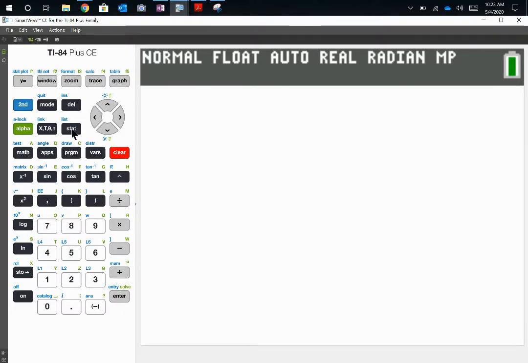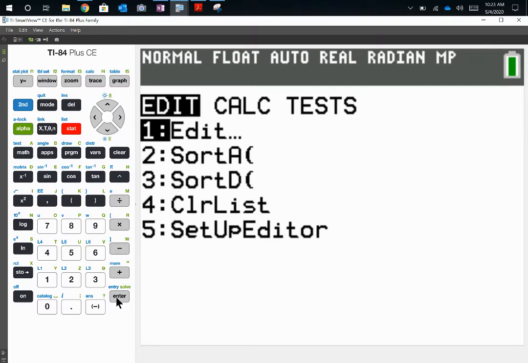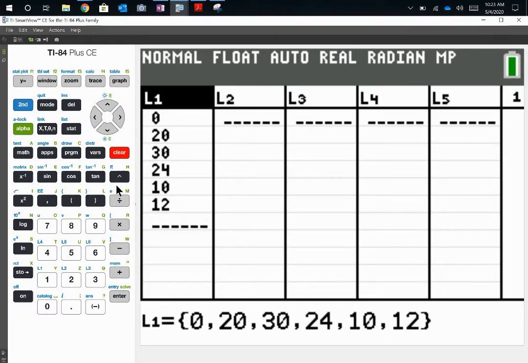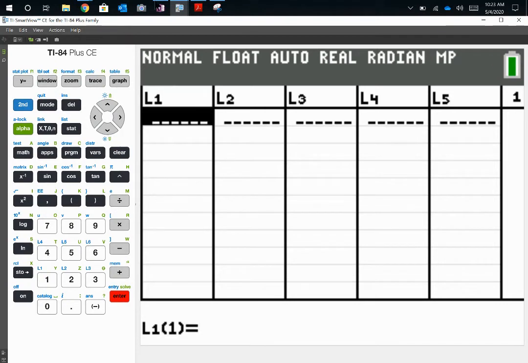Stat, edit my list, clear my list, and then enter the set of data. Let me go back to my data here.